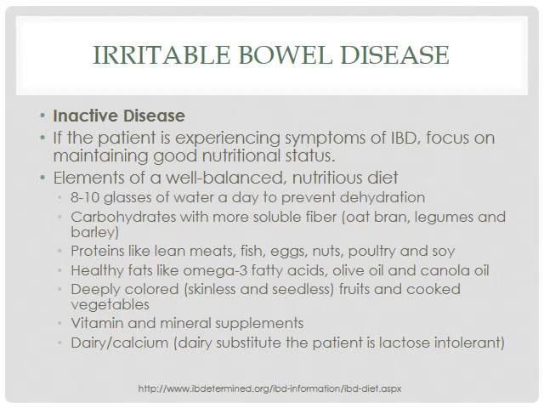Elements of a well-balanced nutrition diet include 8 to 10 glasses of water a day to prevent dehydration, carbohydrates with more soluble fiber like oat bran, legumes, and barley, protein like meats, fish, eggs, nuts, and poultry and soy, healthy fats like omega-3 fatty acids, olive oil, and canola oil, deeply colored skinless and seedless fruits and cooked vegetables, vitamin and mineral supplements, and finally, dairy/calcium, or a dairy substitute if the patient is lactose intolerant.